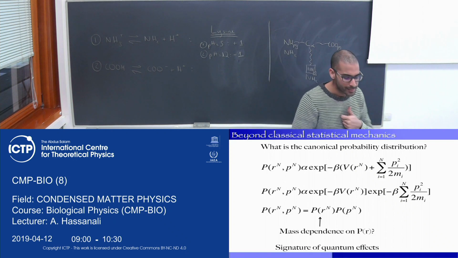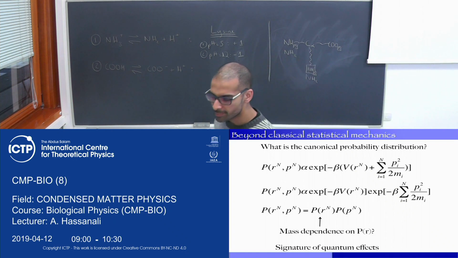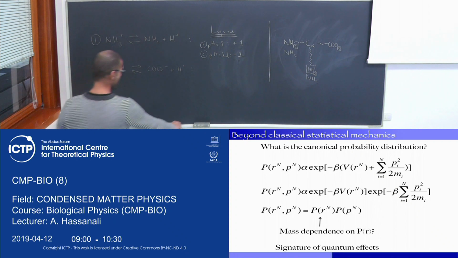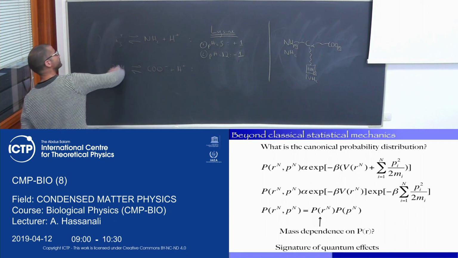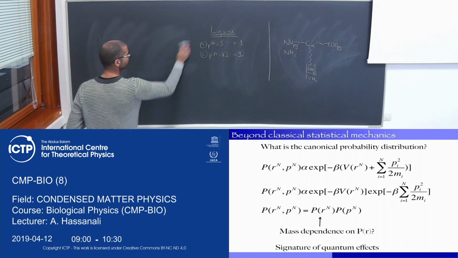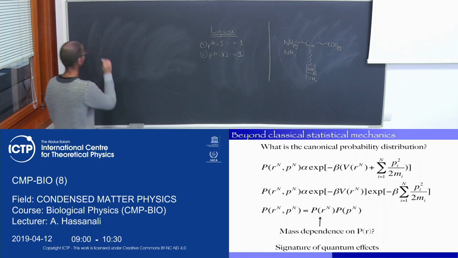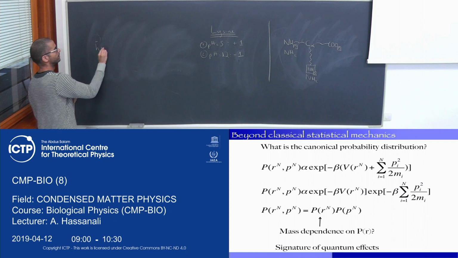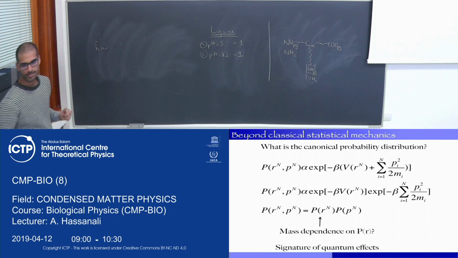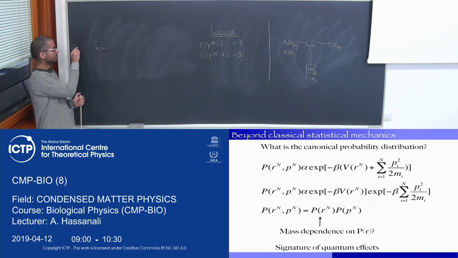So what is the magnitude of h bar omega in the system? How would you estimate it? So this is zero-point energy, right?